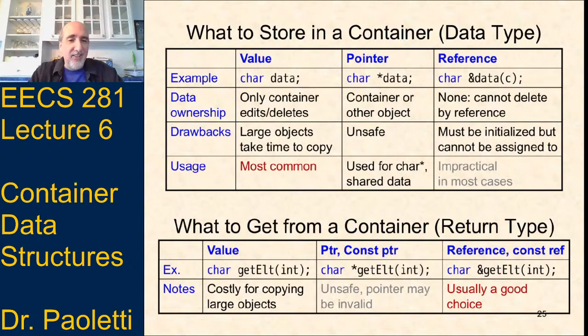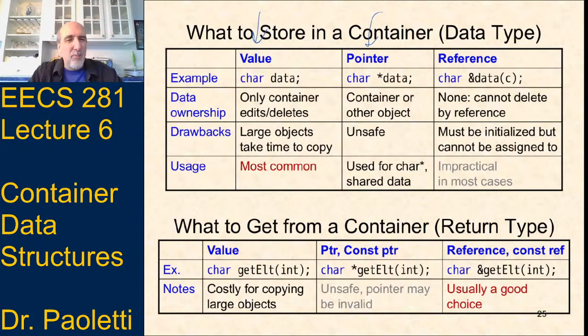Now I could put pointers inside my container. So inside my container, I could have a vector of char pointers. So the first one here is internally I have a vector of char. Here, internally, I have a vector of char pointers. Now the question is, who owns what? The container class owns the vector, but who owns the things that vector points to?